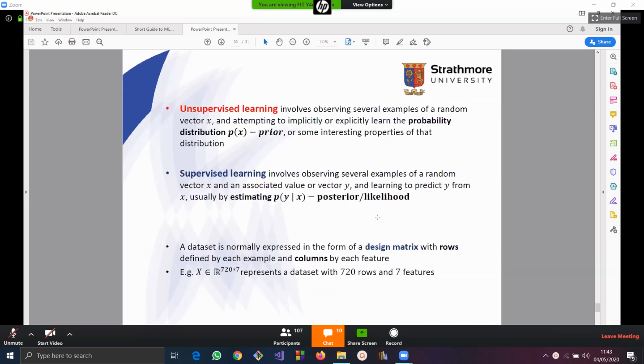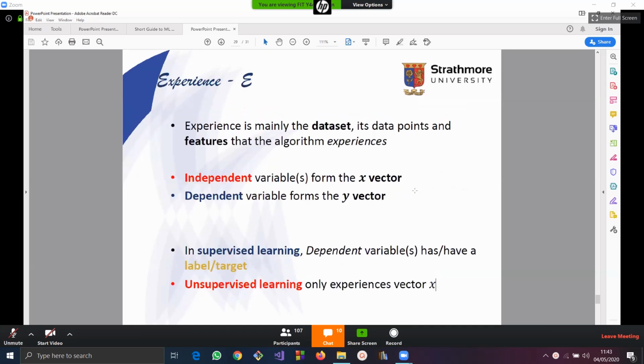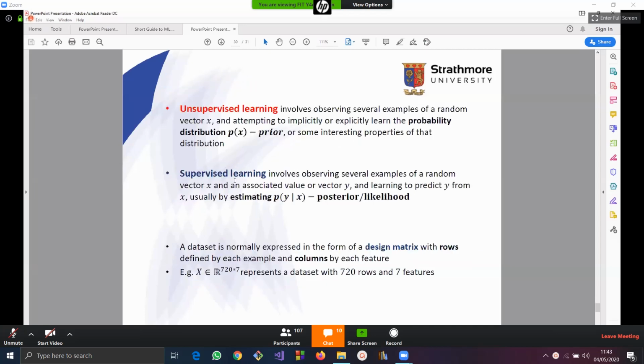So what is unsupervised learning and supervised learning? The first thing you have to know is that data actually defines the kind of machine learning I can do. So in supervised learning, like we said last time, you're just trying to learn a probability distribution of y given x. And we will talk more about this when we talk about probabilistic models.